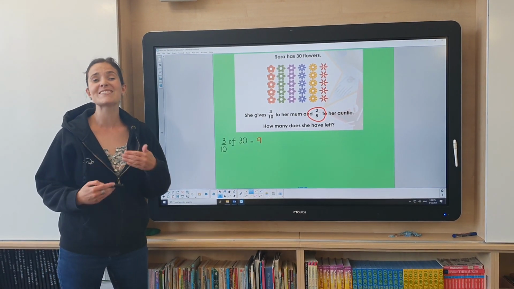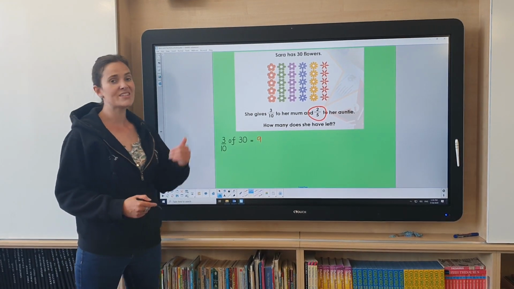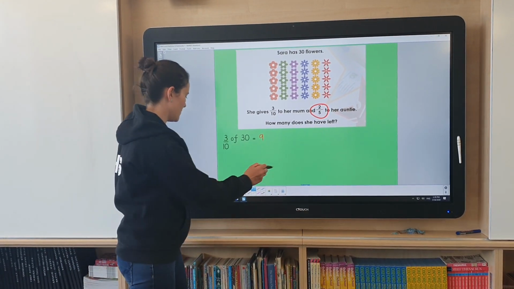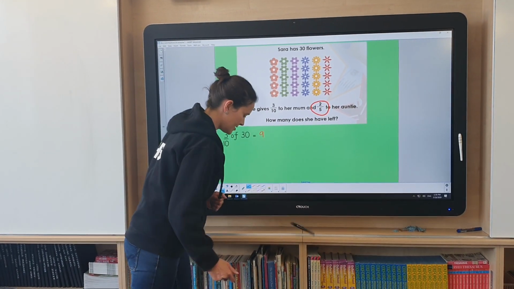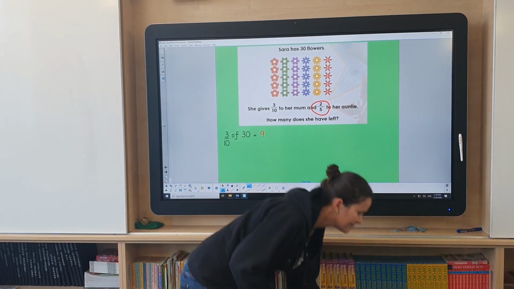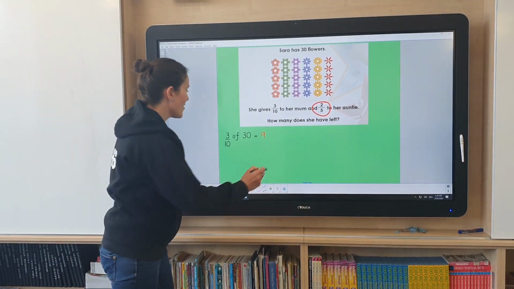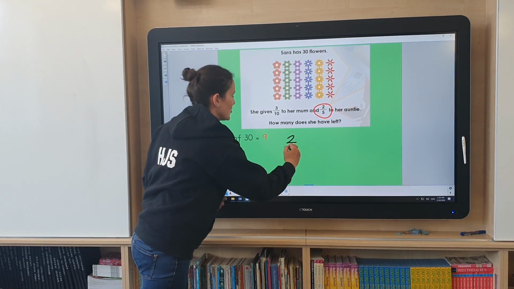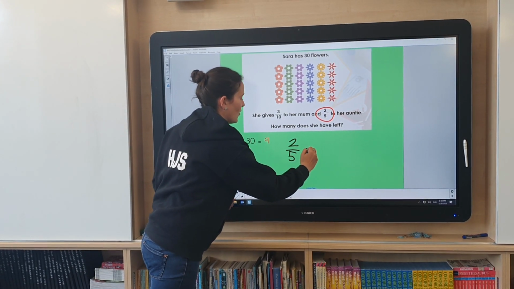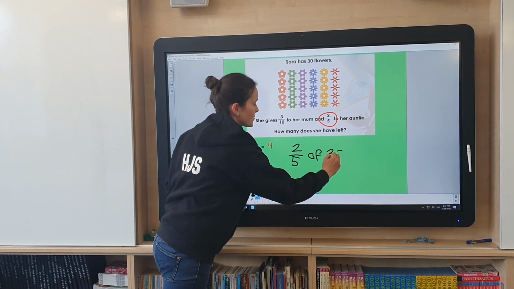So we now need to use exactly the same method, just with the different fraction. So we need to find, we now need to find 2/5 of 30, okay?